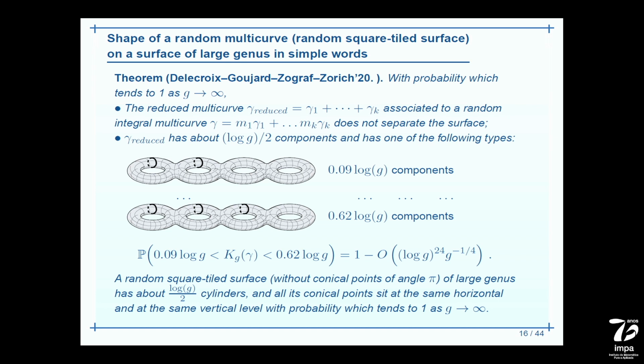And this can be specified. And in terms of square tile surfaces, it means that you have just several cylinders. In principle, you can have from 1 to 3g minus 3 maximal cylinders. I'm simplifying the story. I assume that there are no cusps anymore to get rid of one of the parameters, just to work with genus.